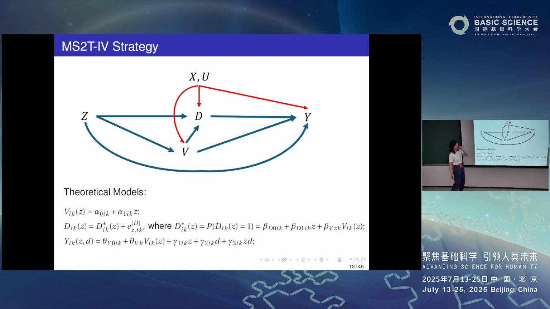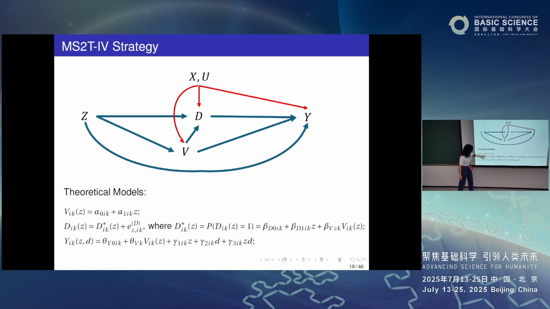This describes what the kindergarten test score would be had the students been assigned to class type Z. We assume that it's linear in Z, but Z is binary.